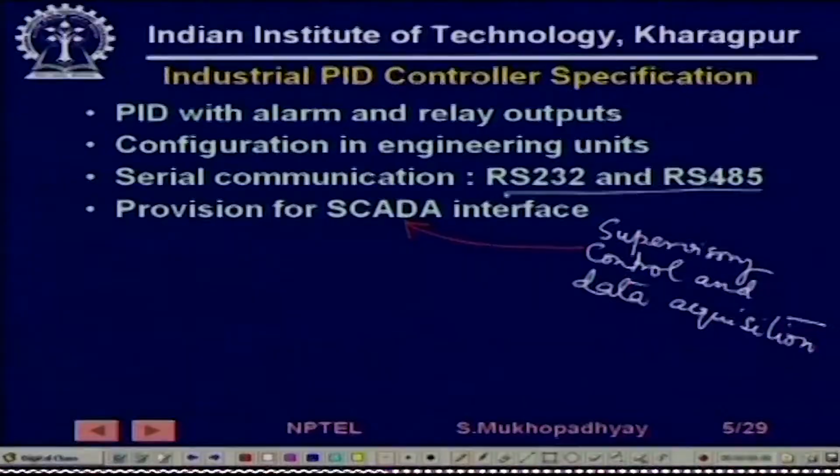So, this is usually provided. This can be done using these communication standards and interfacing it with a PC, and then using visualization software. There are very good visualization softwares available on the PCs, so you could use them.